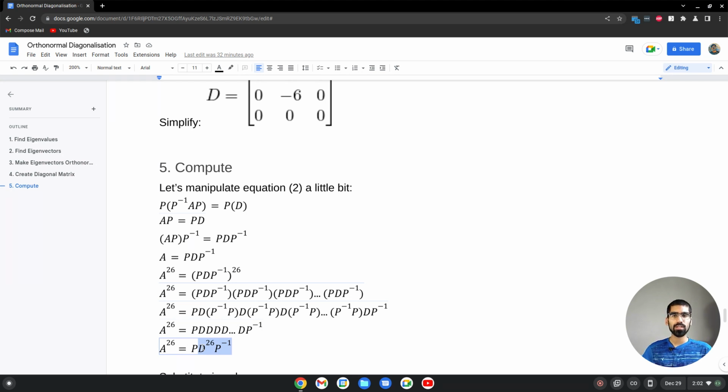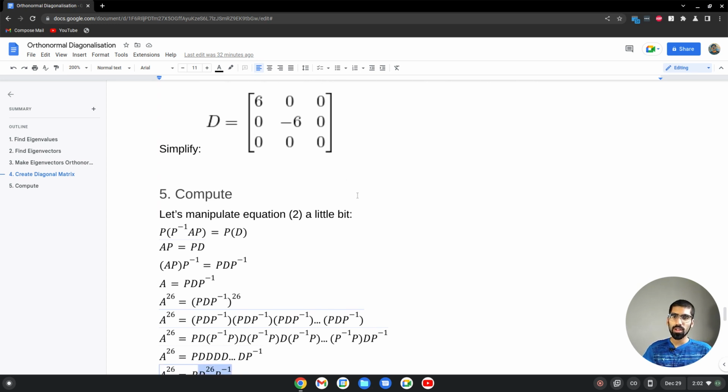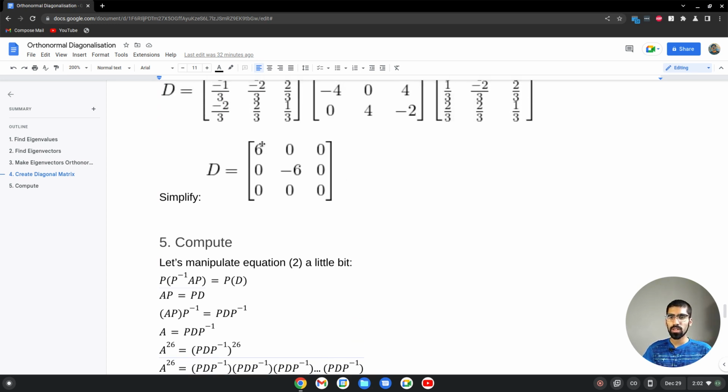D to the 26, this is much easier. You can try it on paper for D squared or D to the third. You'll see that what you have is just the diagonal elements. They are raised to that power that the entire matrix is being raised to.